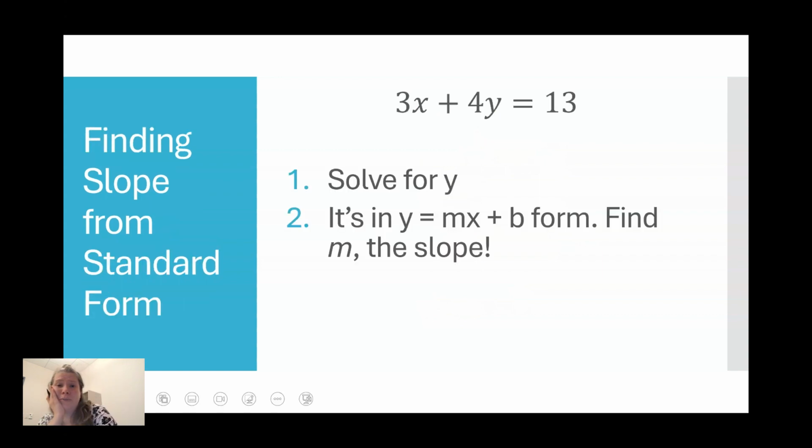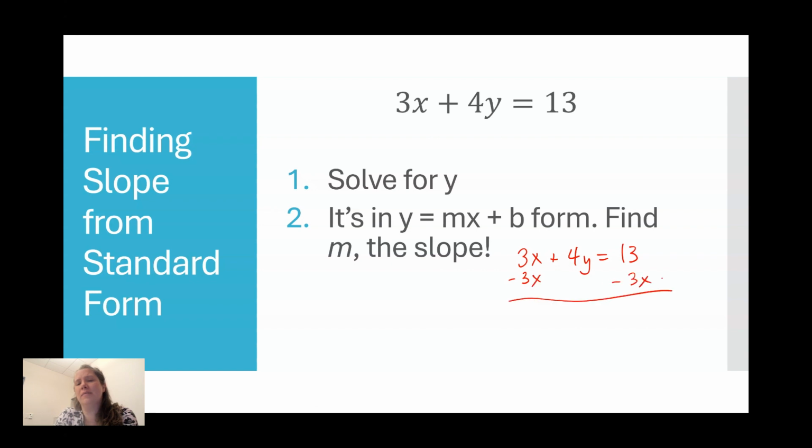Now, when it's in standard form, it's a little bit trickier. I just rearrange it into y equals form because I like y equals form better. So we start with our equation and we get y all by itself on one side. So we're trying to isolate that variable. We're going to subtract 3x. Careful, I put those underneath each other, but 13 and 3x cannot be combined.